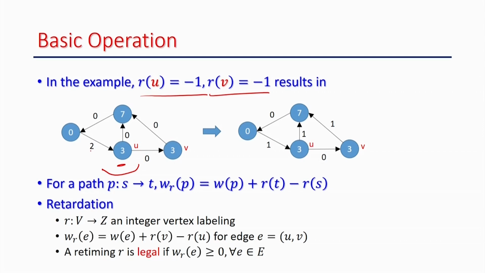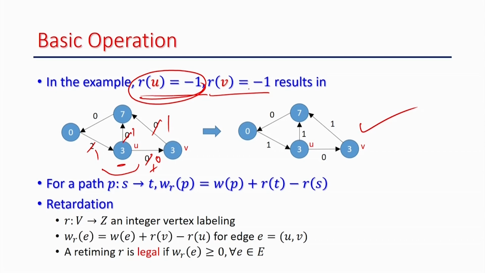So this will become 1, this will become 1, because that is what is given by RU = -1, right. And then RV also says the number of registers moved from output to input is -1, which means one register moves from the input side to the output side. So this is moved to this. So this becomes 0 and this becomes 1. So, this is the retimed circuit.